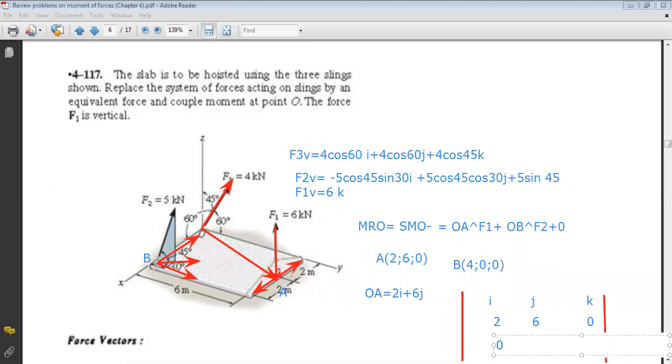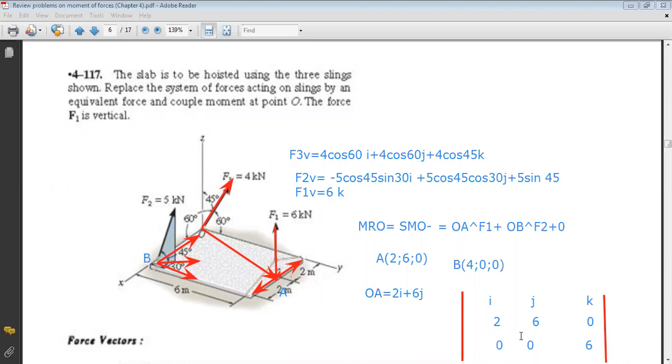For OB vectorial F2 you can do the matrix if you want, but also for OB you have one component along i, so the expansion is easier. So always look at whether the expansion or the matrix is easier, and use the easiest method.